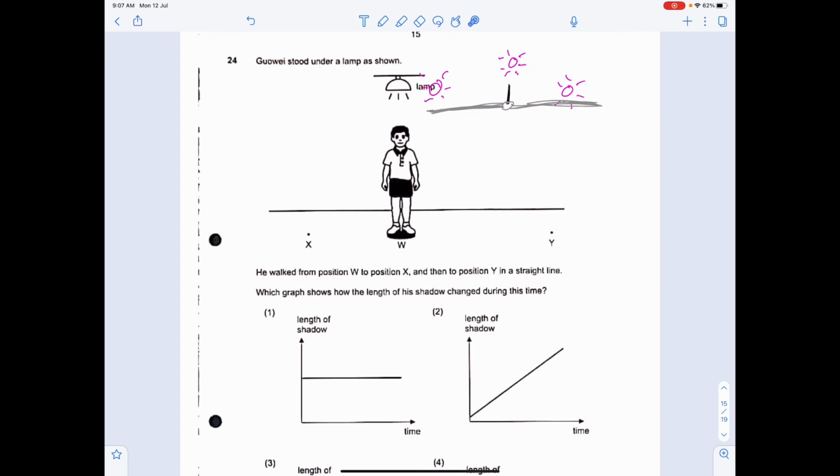But as Guo Wen walks over to this direction, the light source actually is at the side now. If he stands here, the light source is now over here. It's the same thing as if the sun is here. So what will happen is that his shadow will be cast onto this side and it should increase in length. So you need to first find something that increases in length.